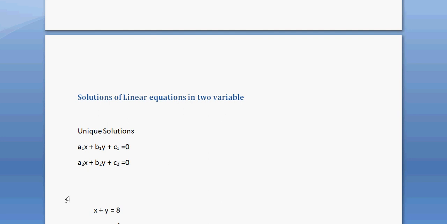If these are the two equations, then they would have a unique solution if and only if a1 by a2 is not equal to b1 by b2.